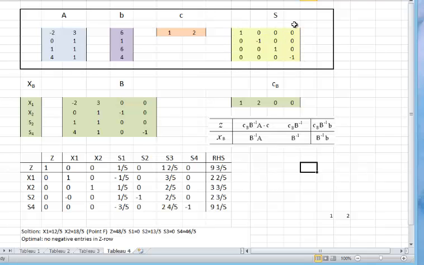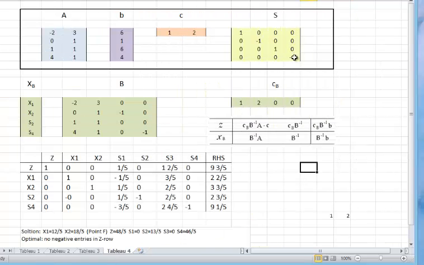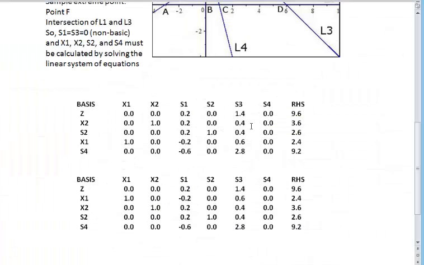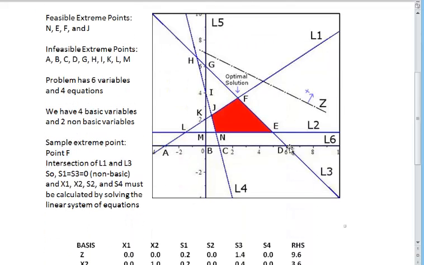Now notice that in this case, S2 is now -1 and S4 is -1. That came from the original problem. When you look at these cases, that is -S4 and that is -S2, and we are going to put it in the problem the same way that it is formed.